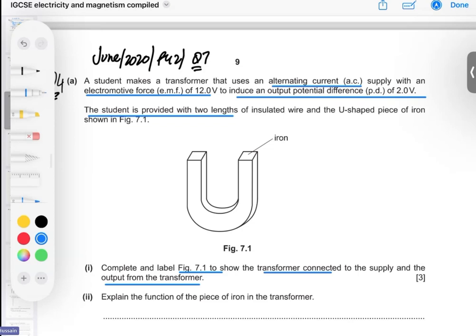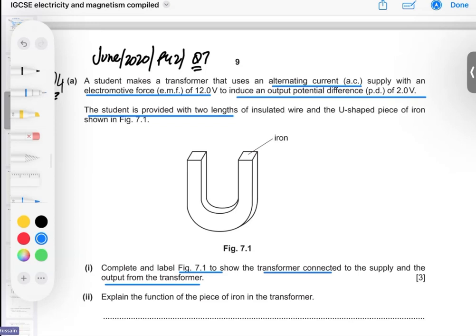Yes. Okay. So you have made it or not? I cannot see. Yeah, it is here. All right. So this is an iron core. Okay, perfectly. You have made the turns.